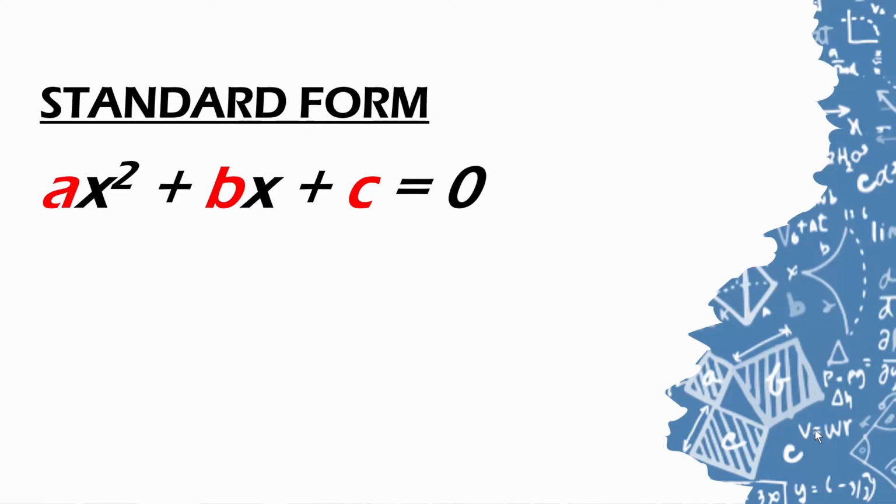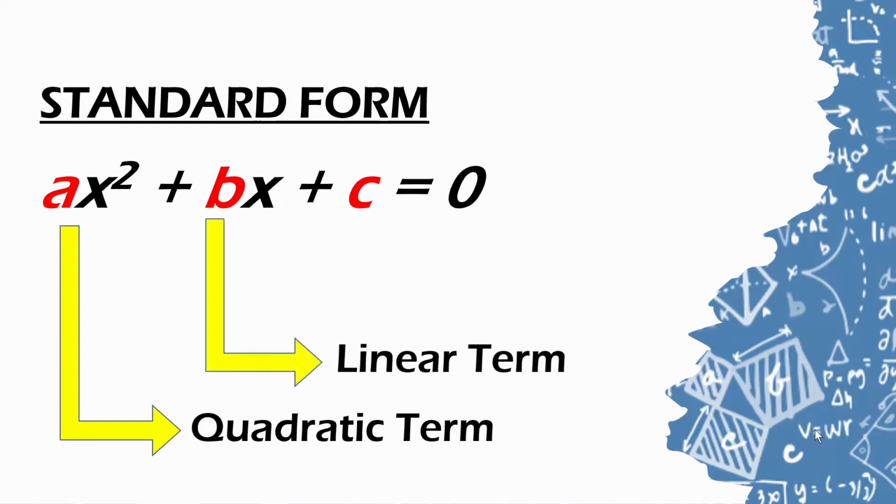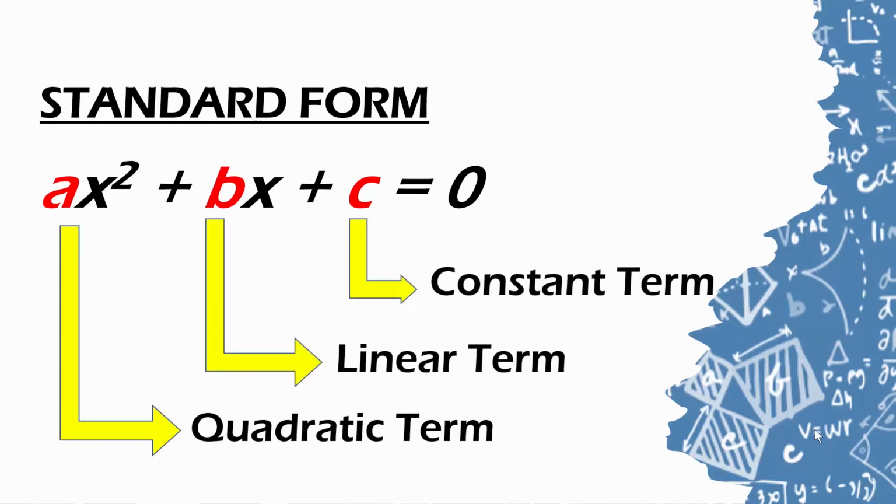The constants a, b, and c are called the coefficients. In the standard form ax squared plus bx plus c equals 0, ax squared is the quadratic term, bx is the linear term, and c is the constant term.